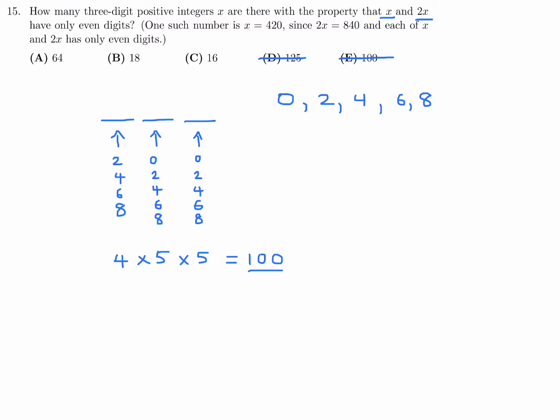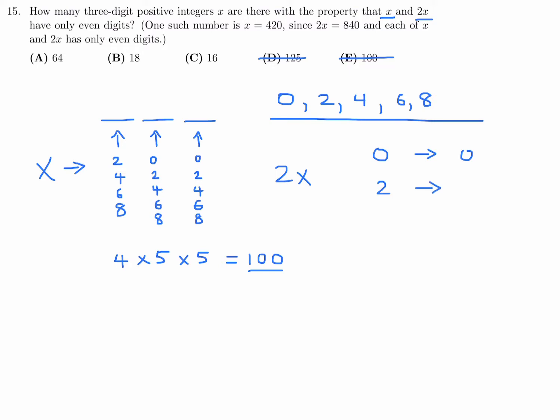All right, so here we go. How do I eliminate? Well, think about 2x. So this was a scenario for x. Now we got to think about 2x. If any of the digits is a 0, if I multiply it by 2, it will be 0. So that's not a problem.